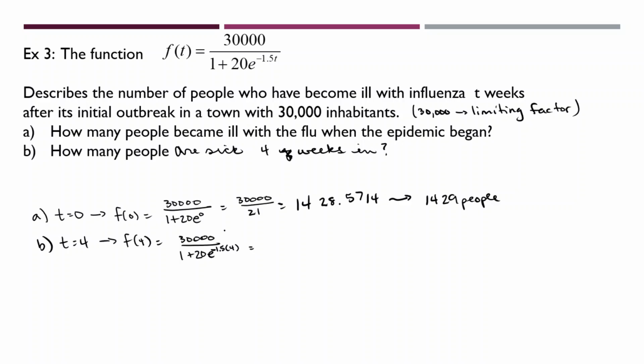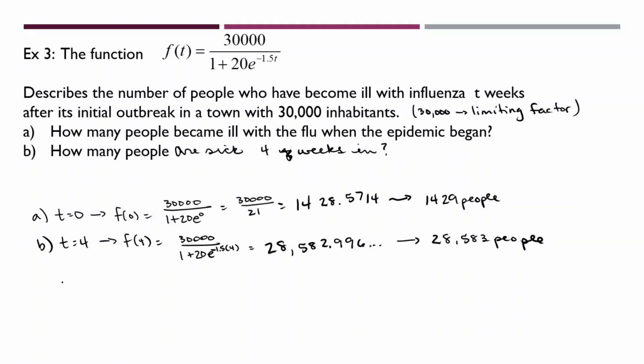So we go to the calculator and we plug that in. And we get 28,582.996, and so on. And so about 28,583 people. We can't have a part of a person, okay?